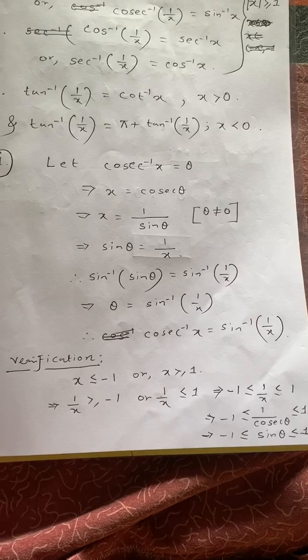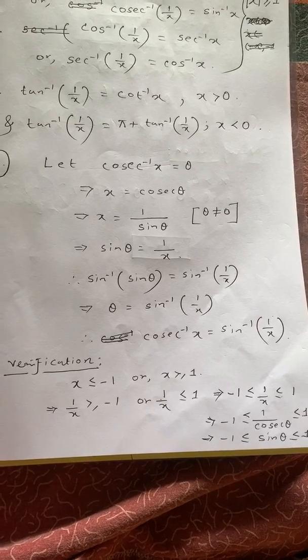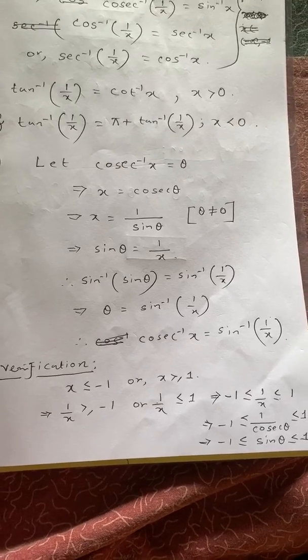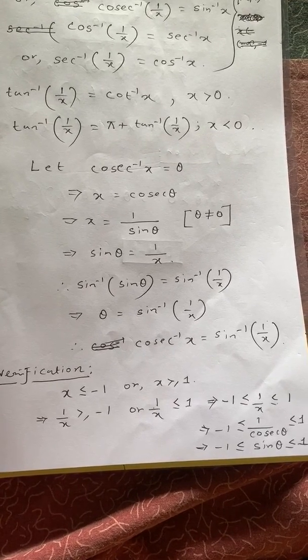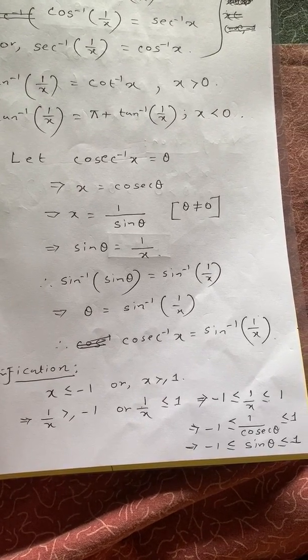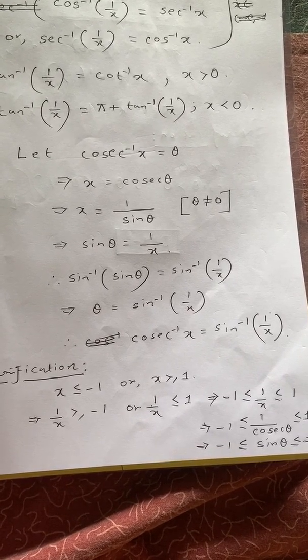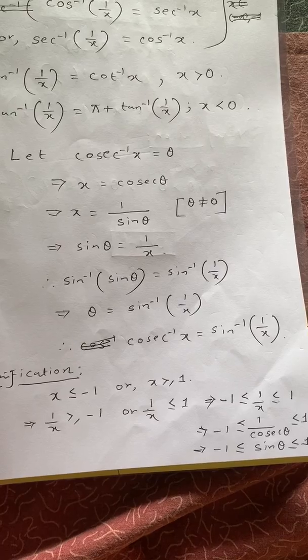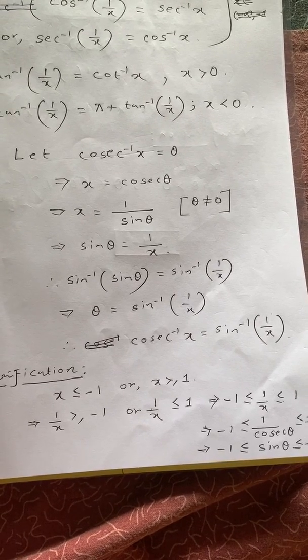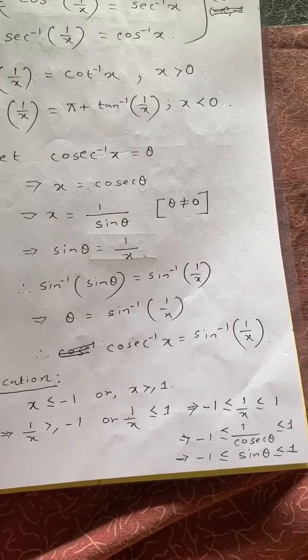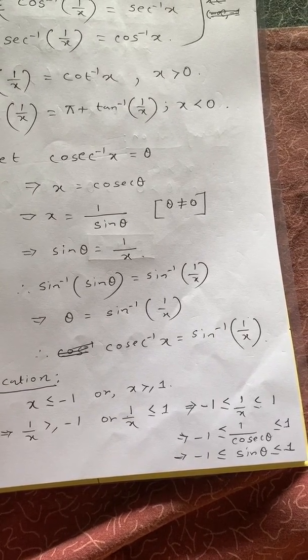If you remember the table, x's value should be less than or equal to minus 1 or greater than or equal to 1. So if we take the reciprocal, the sign gets reversed: 1 by x is greater than or equal to minus 1, and 1 by x is less than or equal to 1.